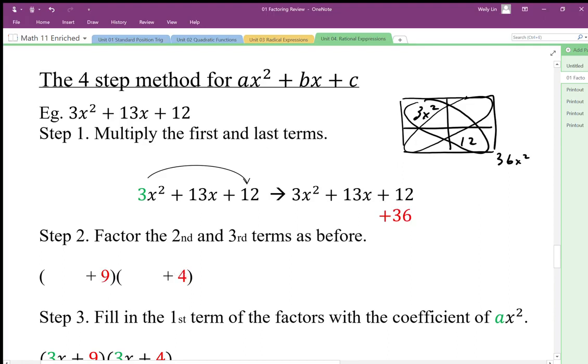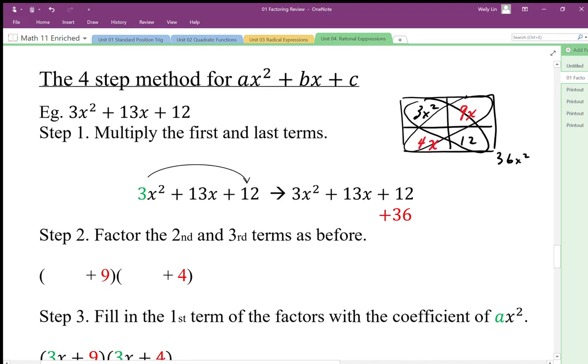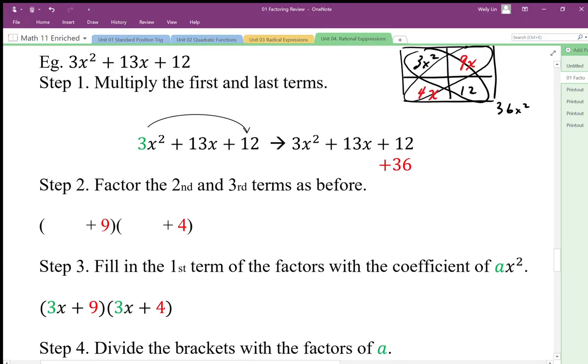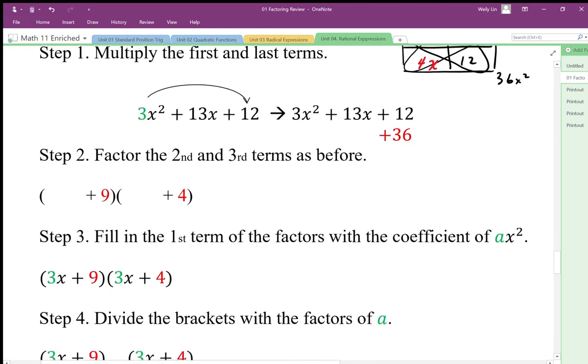So what ends up happening then is we end up able to work out that 9 and 4. So that really gives us a 9x here and the 4x here. Okay, so that's where the 9 and 4 are coming from. So what we can do then is plug in our 3x here and divide by the factors of a.